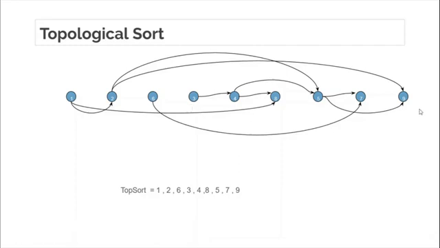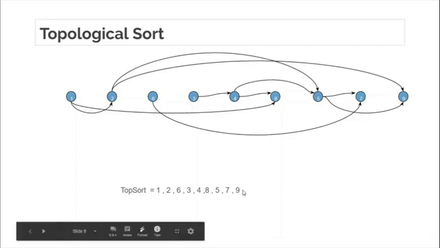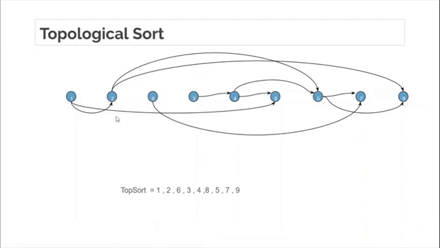Simply list all of the nodes in the order of their appearance in the topological sort, and then draw all of the edges again. If all of the edges are from left towards right, then this is a valid topological sorting. Otherwise, if you find any edge which is from right to left, that means this is an invalid topological sorting.